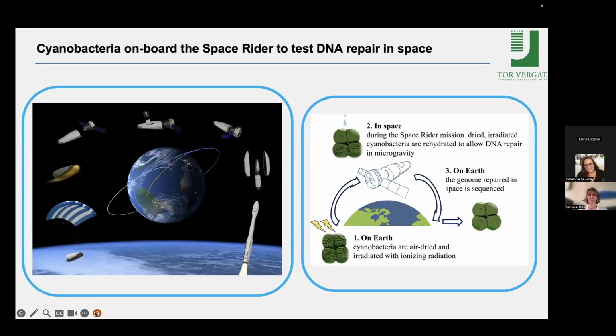And a follow-up of this experiment is coming in 2 years, since this desert cyanobacteria will be implemented inside the BioRider. The BioRider is a new space vehicle without a crew that is under development by the European Space Agency, and it will be launched by Ariane 6.